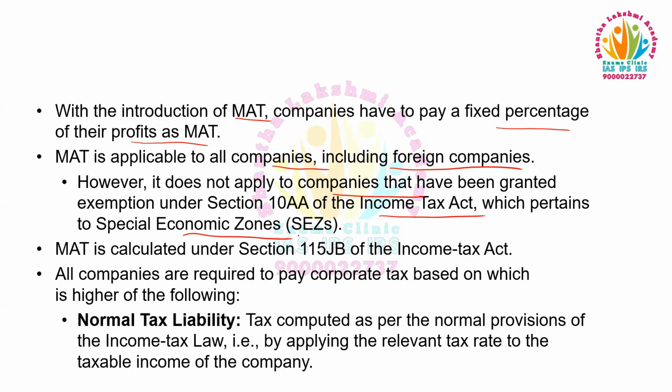MAT is calculated under Section 115JB of the Income Tax Act. All companies are required to pay corporate tax based on whichever is higher of the following. Normal tax liability: tax computed as per the normal provisions of the income tax law, that is, by applying the relevant tax rate to the taxable income of the company.